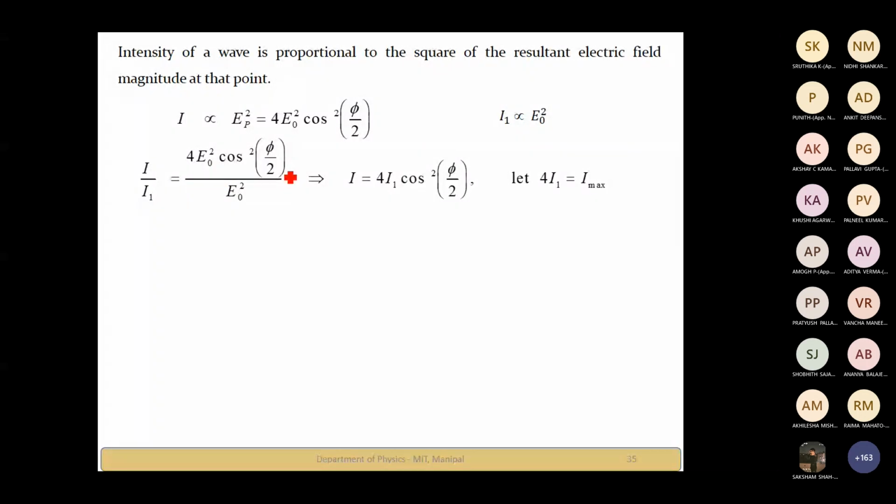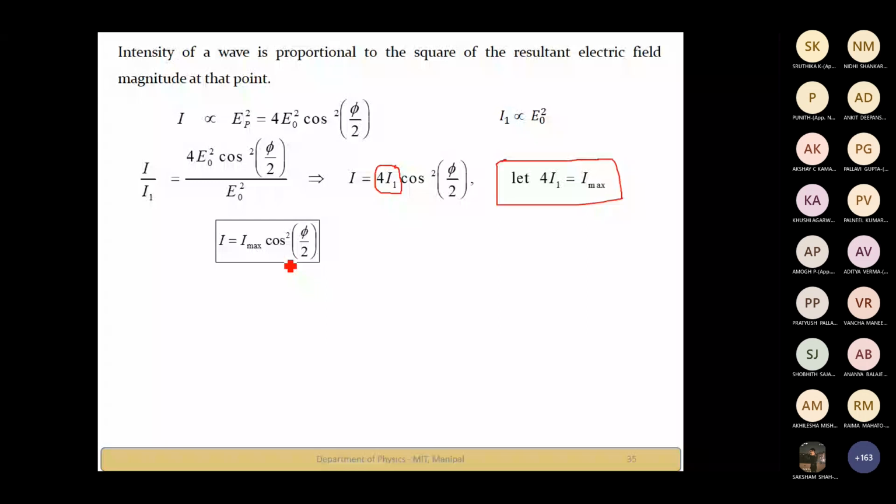And we'll write 4 I1 as the maximum intensity you can see on the screen. So we can write the final expression as I is equal to I max cos square(phi/2). This is the equation which can describe the intensity pattern on the viewing screen.